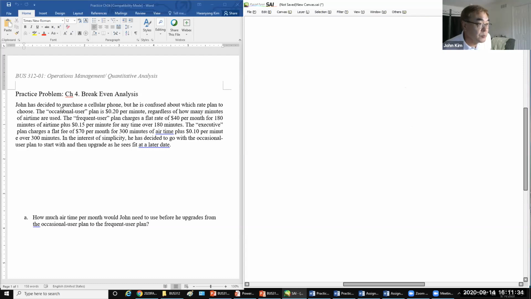John has decided to purchase a cell phone, but he is confused about which rate plan to choose. The occasional user plan is 20 cents per minute, regardless of how many minutes of airtime are used. Second one is the frequent user plan. Charges a flat rate of $40 per month per 180 minutes for airtime plus 15 cents per minute for any time over 180 minutes.